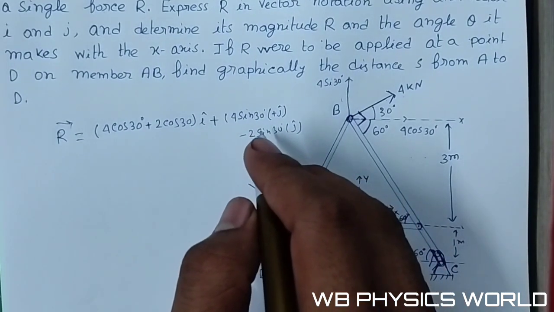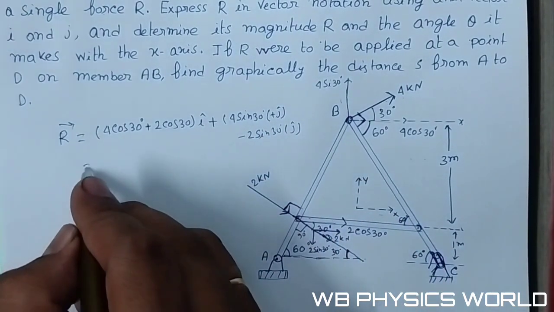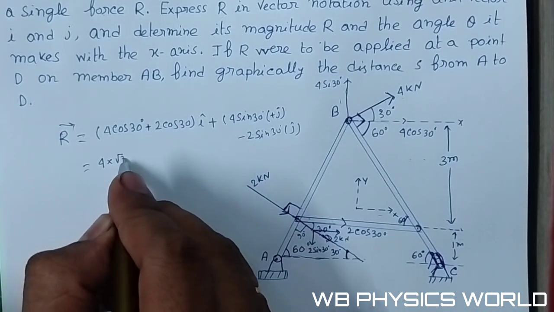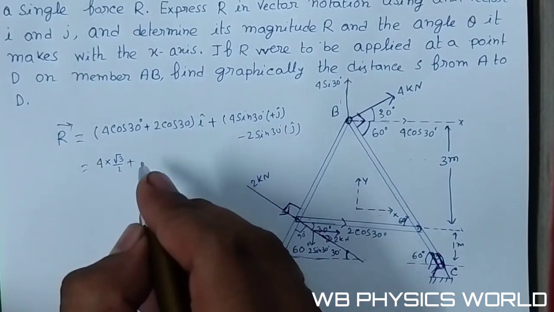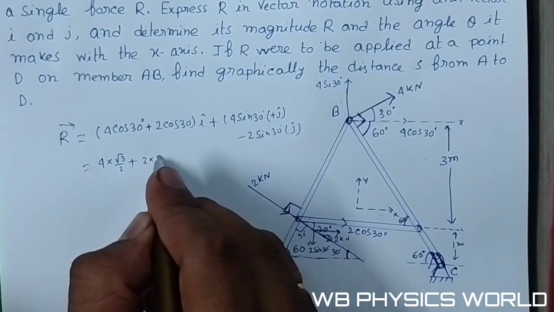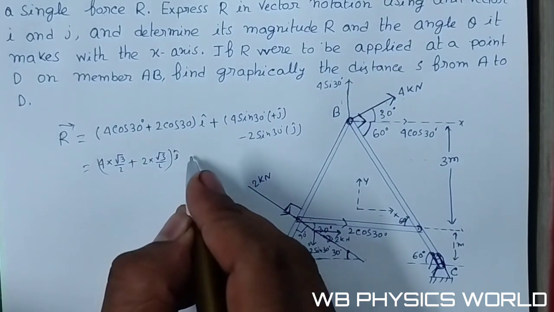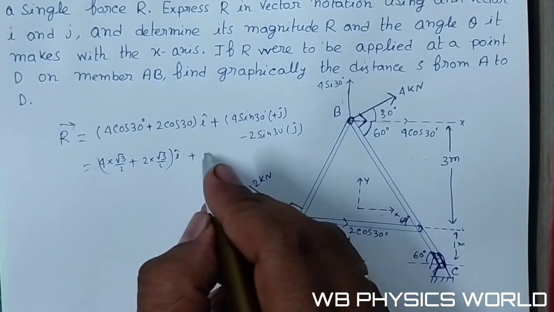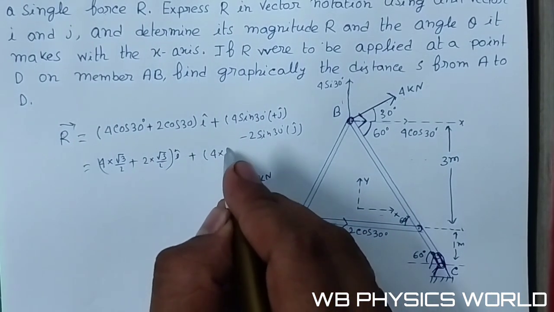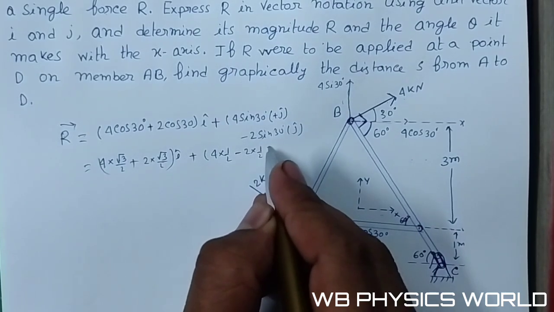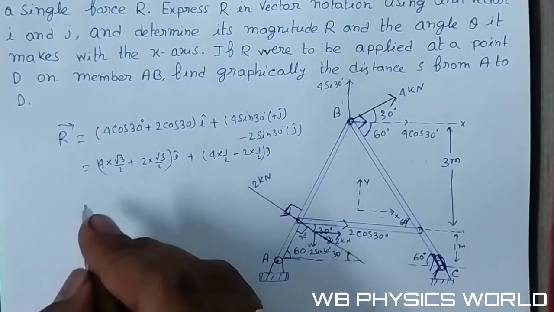So if we calculate the value, 4 cos 30 is root 3 by 2 plus 2 cos 30 is root 3 by 2, i cap, plus 4 into half minus 2 into half, j cap.